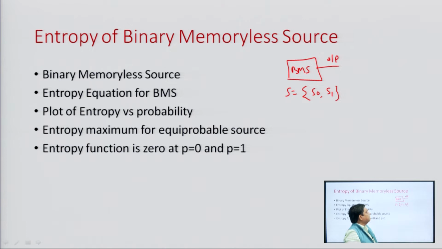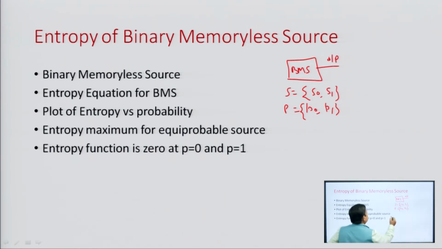S0 is 0, S1 is 1, we can take. And its probabilities are P0 for S0 and P1 for S1. Then we can calculate the entropy of this binary memoryless source with the condition that the symbols at the output are statistically independent of each other.